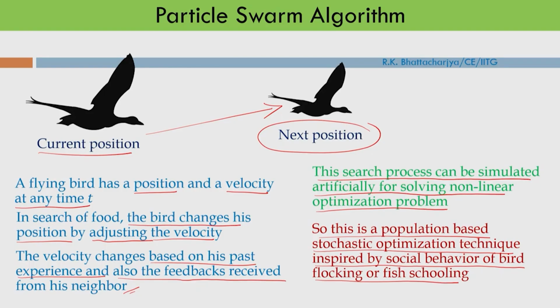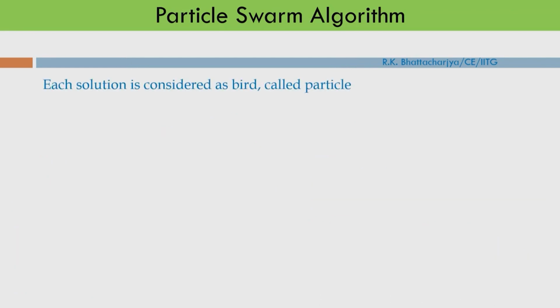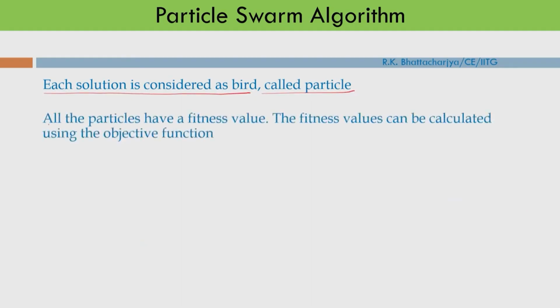Here each solution is considered as a bird, and we call it a particle. So this is the solution. All these particles have a fitness value. The fitness value can be calculated using the objective function.